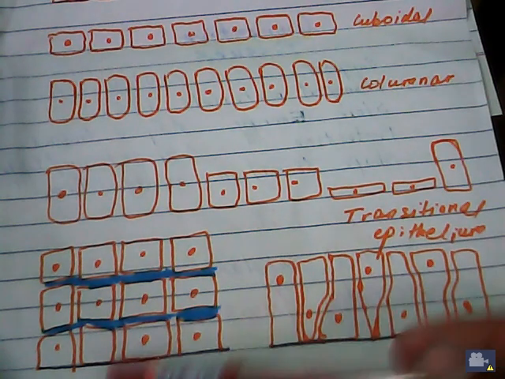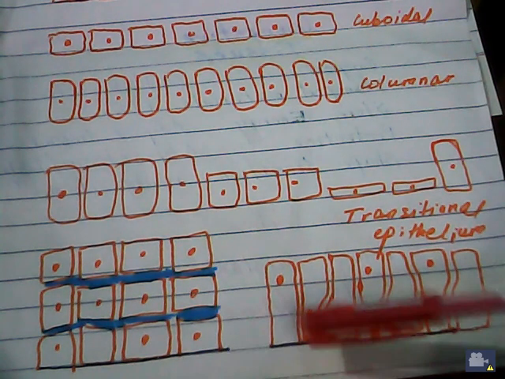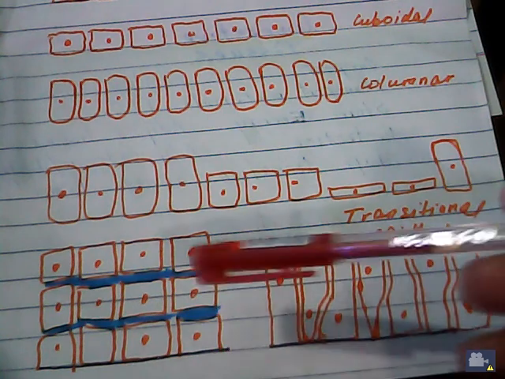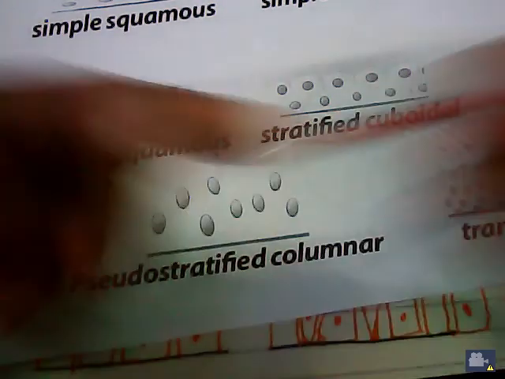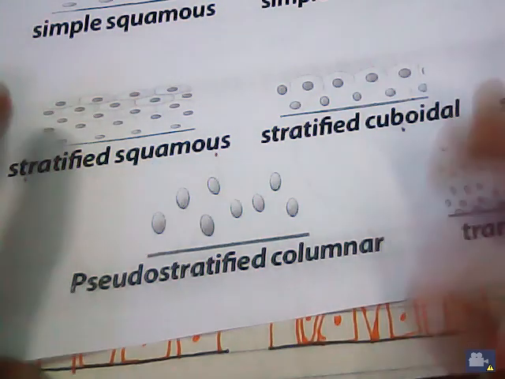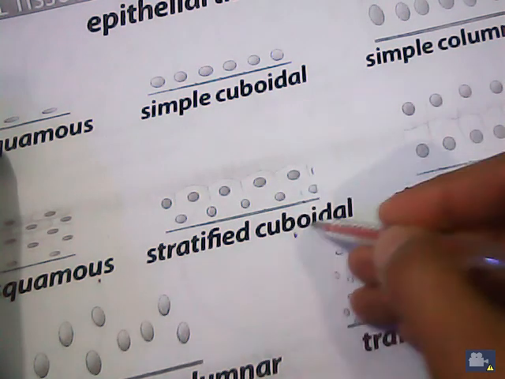And there is another type of tissue, which is called stratified epithelial cells. I just show you the other diagram. For example, here these are stratified cuboidal.